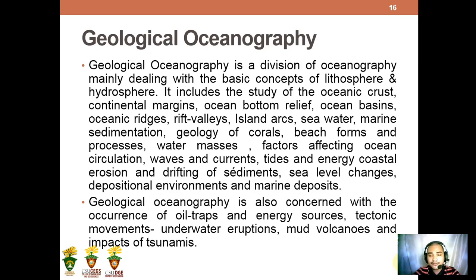This includes the study of the oceanic crust, the continental margins, ocean bottom relief, ocean basins, oceanic ridges, reef valleys, island arcs, seawater, marine sedimentation, the geology of corals, beach forms and processes, water masses, the factors affecting ocean circulation, waves and currents, the tides, energy, coastal erosion, the drifting of sediments, sea level changes, the depositional environments, and the marine deposits.